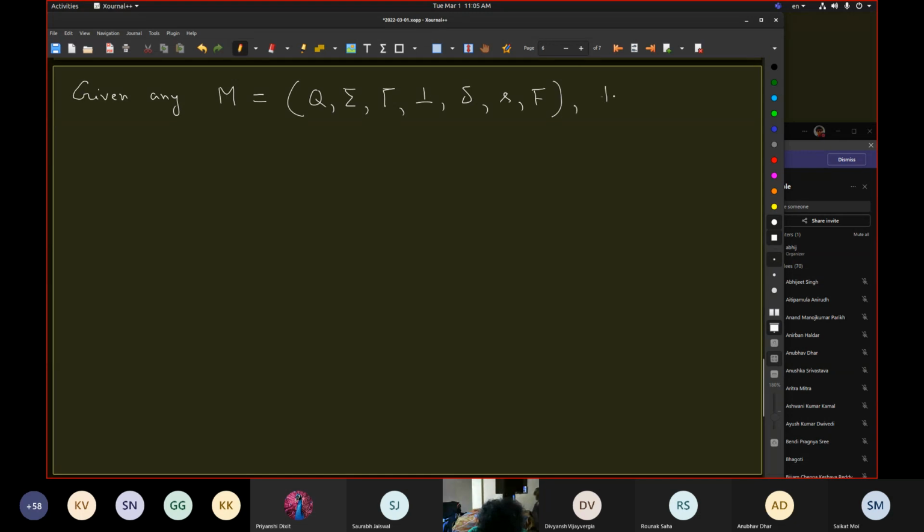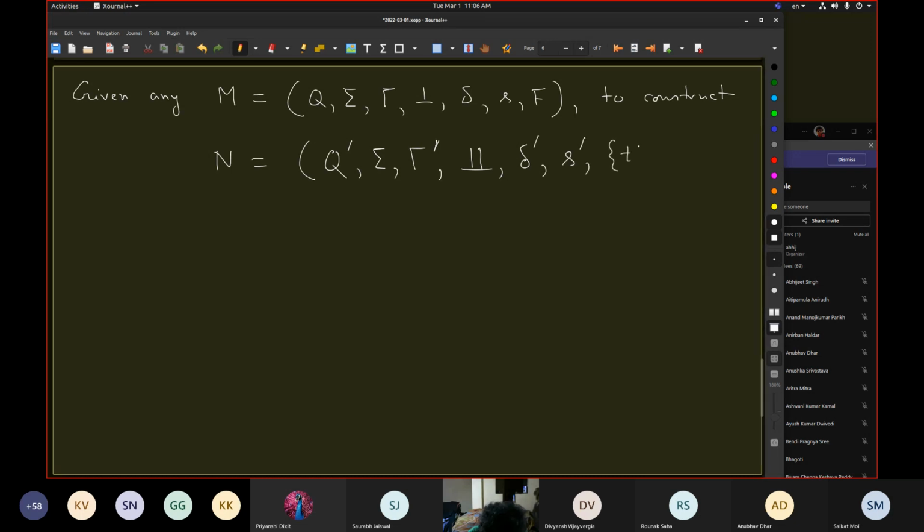We want to construct another machine N, which is a PDA again. States will be different. Input is definitely the same. Gamma will be different. And I will use a new bottom marker. Transition function will be slightly different. Start state will be slightly different.